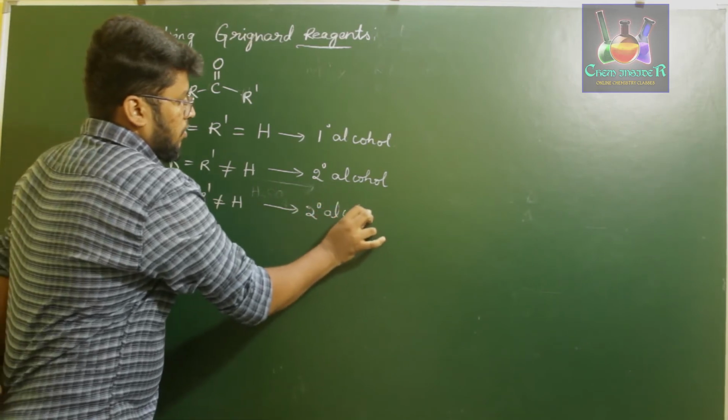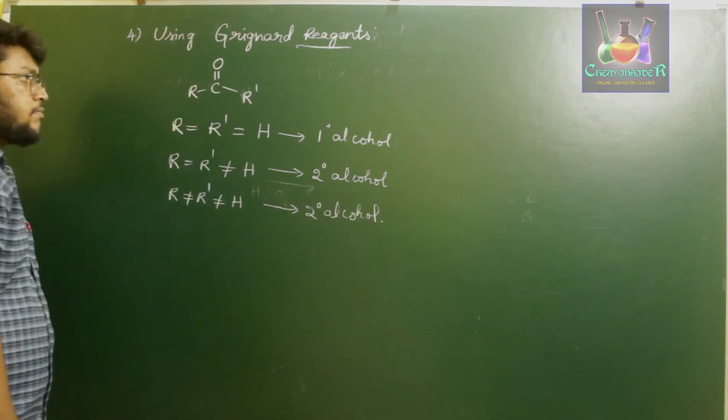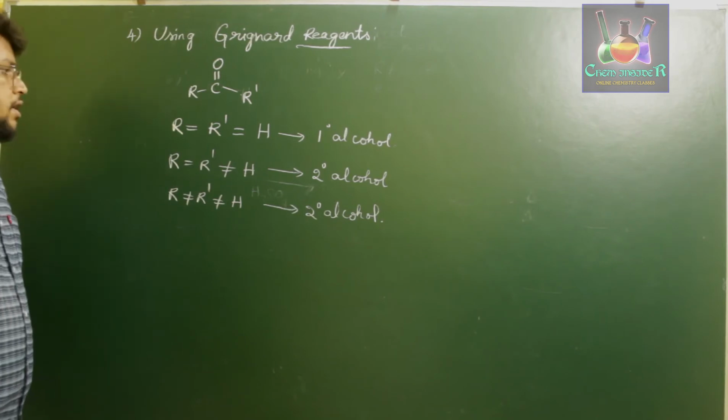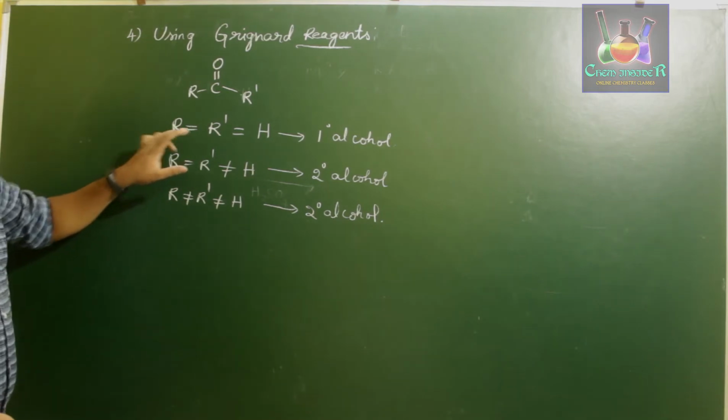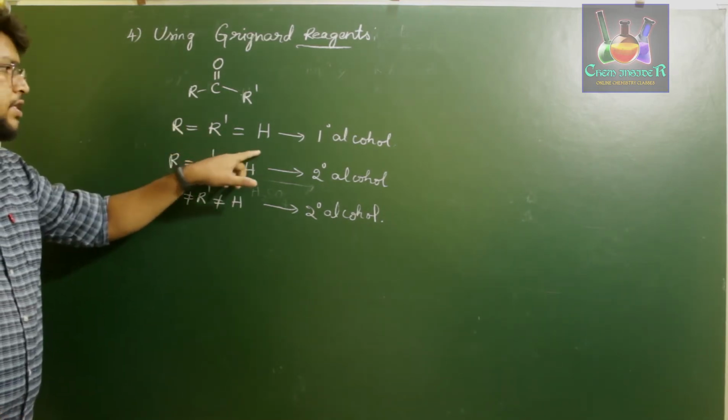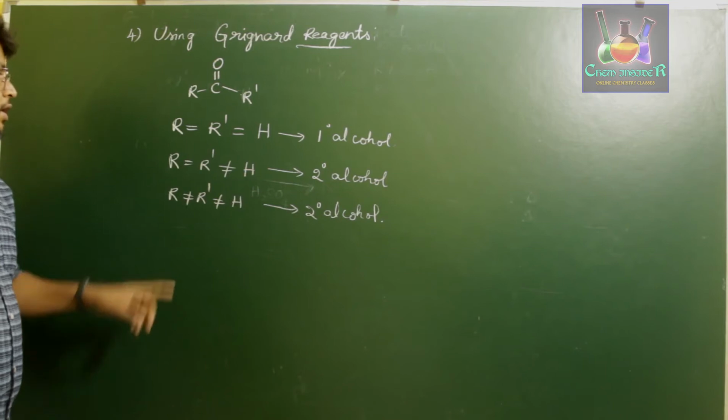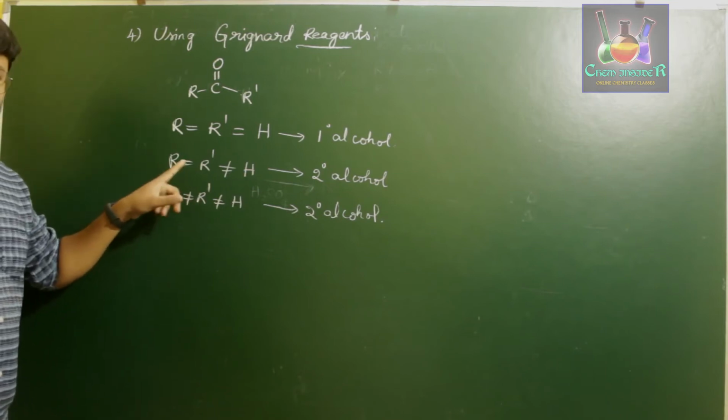So usually what we can say is, if R and R prime are hydrogens, then they give us a primary alcohol.